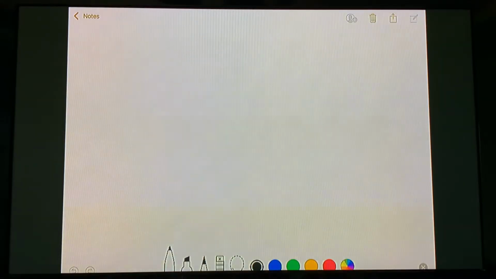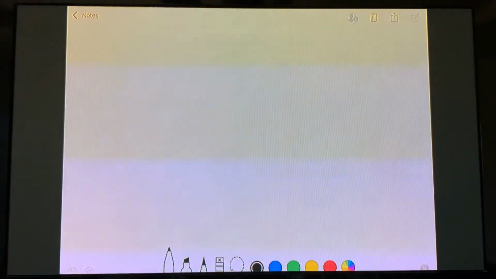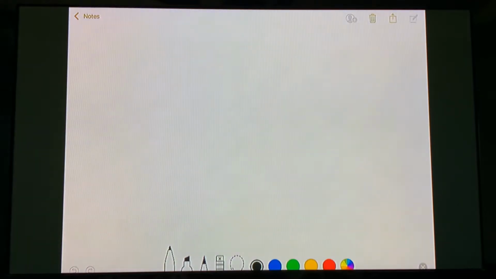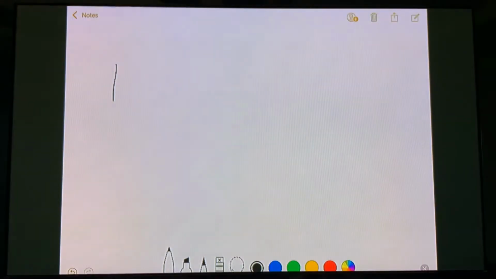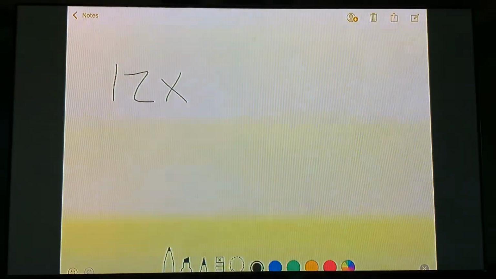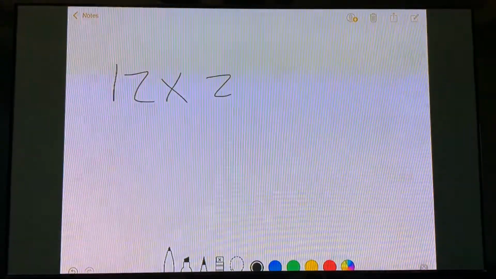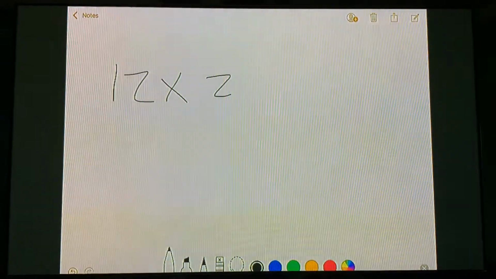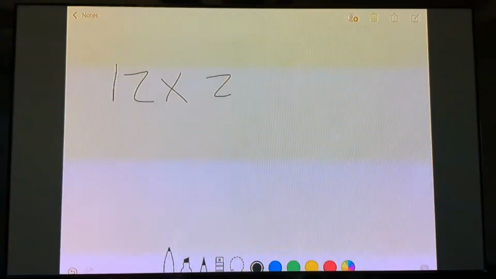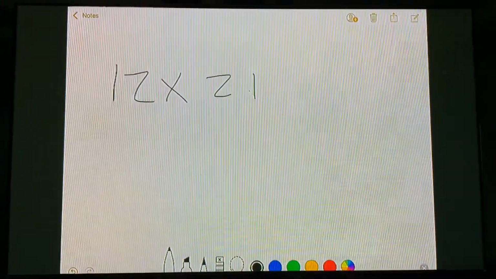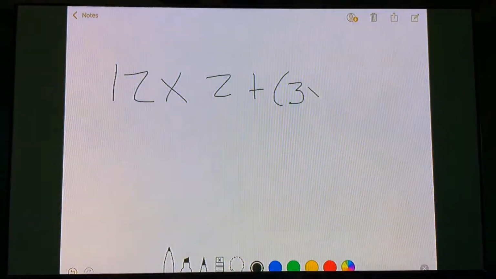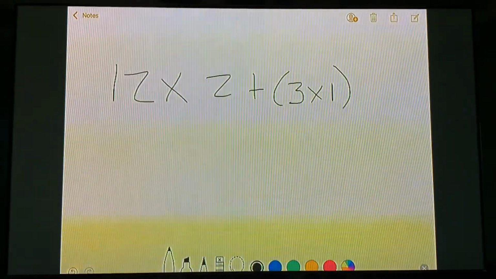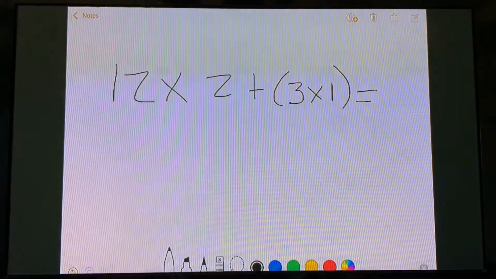Now, let's say, for example, we were to show this in an equation with multiple operations, right? So let's say 12 times 2, and then we're going to put here plus 3 times 1 equals, all right?